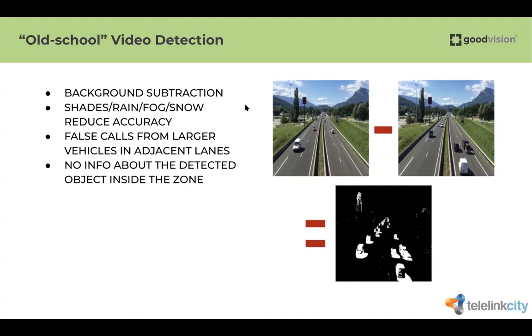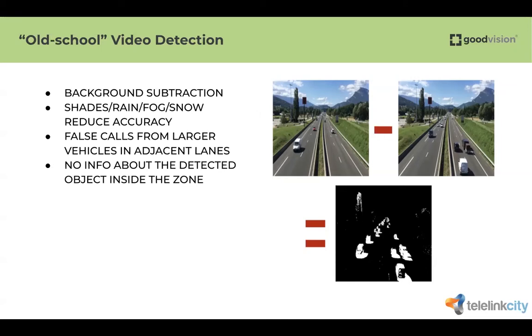Also, depending on the mounting of the camera or the video detector, there are sometimes false calls from larger vehicles that are moving in the adjacent lanes. You can imagine that they somehow shadow the vehicles in the next lane, and the algorithm couldn't recognize the smaller vehicles in the adjacent lanes.